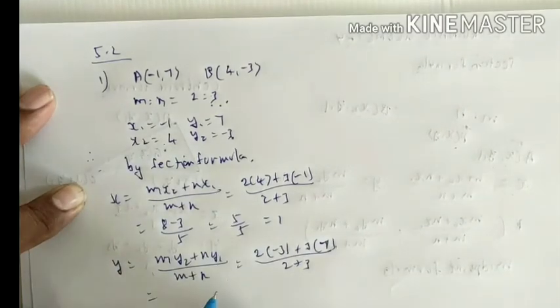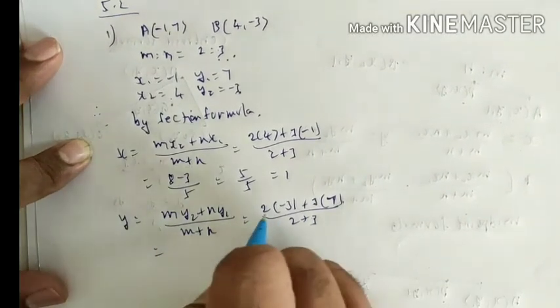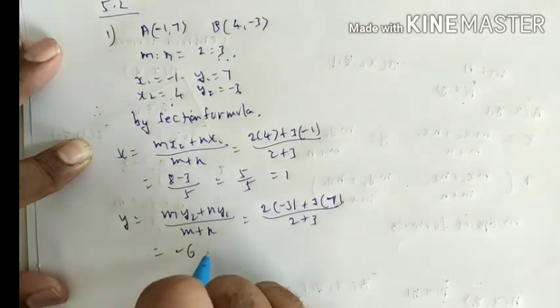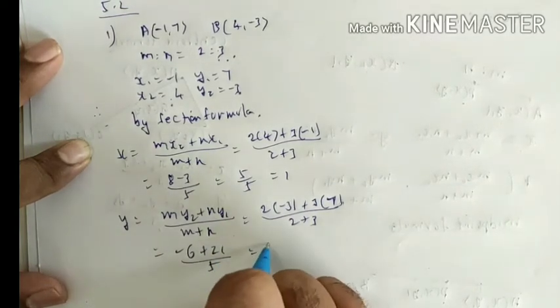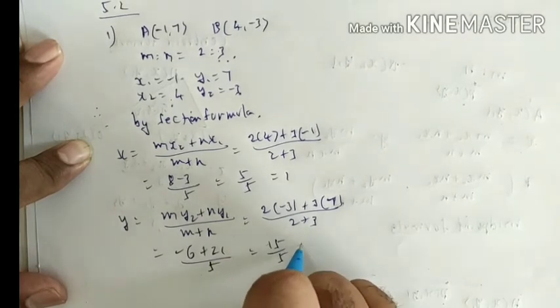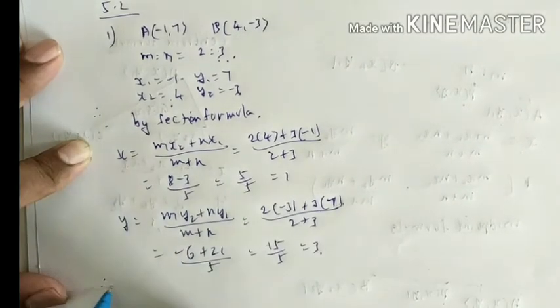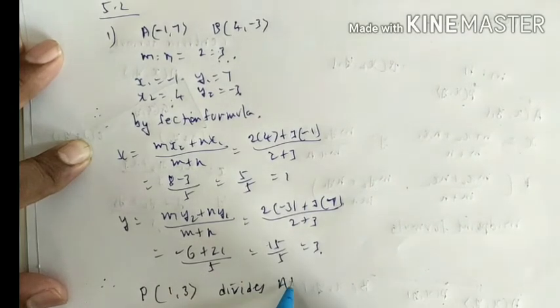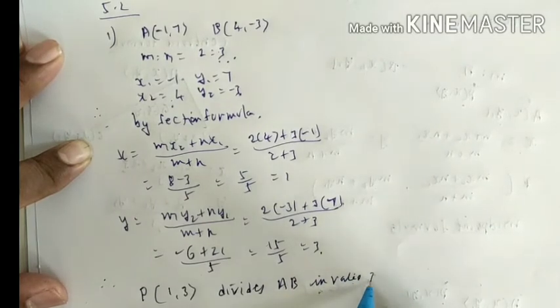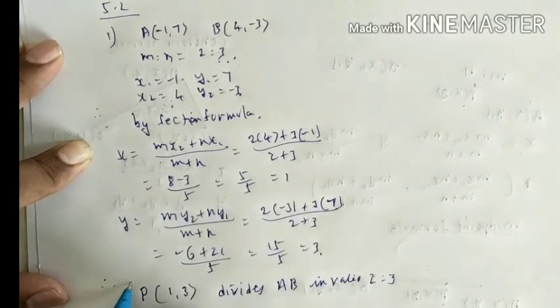It is equal to, see, 2 into -3 is how much? -6 plus 21 upon 5. 21 minus 6 is how much? 15. 15 upon 5 is how much? It is equal to 3. Therefore, the coordinates of point P are 1, 3 which divides AB in ratio 2:3. See, this is our answer.